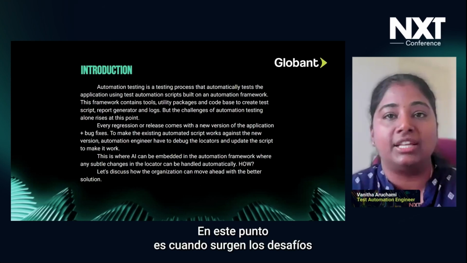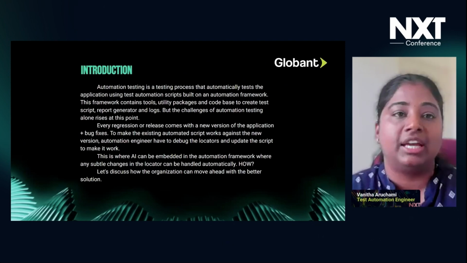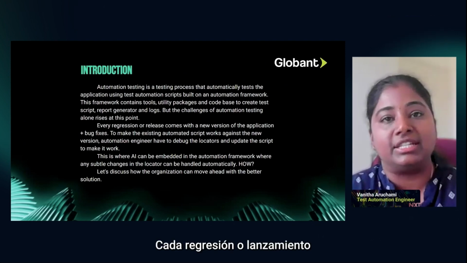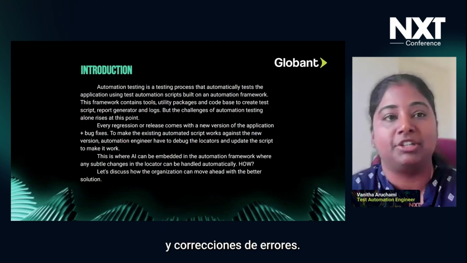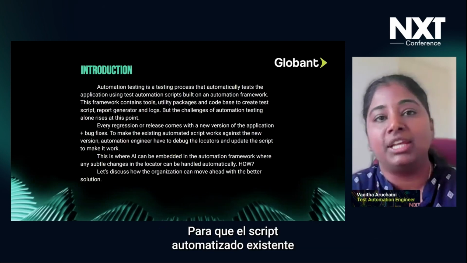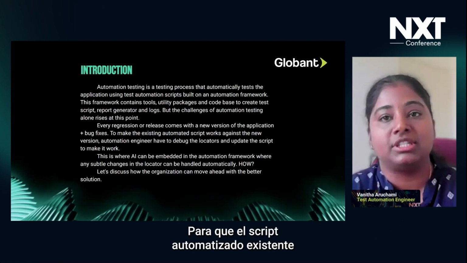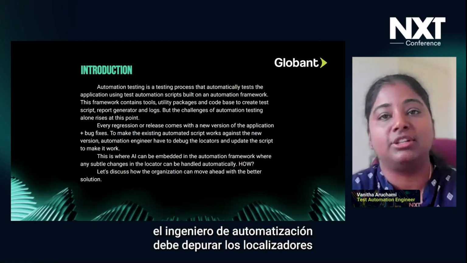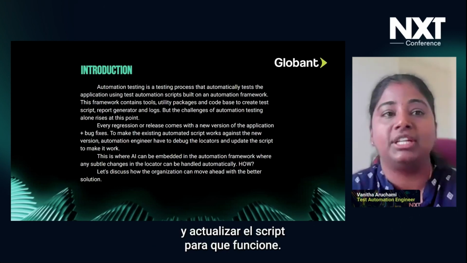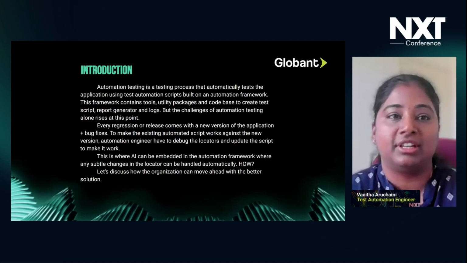But the challenges of automation testing arise at this point. Every regression or release comes with a new version of the application plus bug fixes. To make the existing automated script work against the new version, automation engineers have to debug the locators and update the script to make it work.